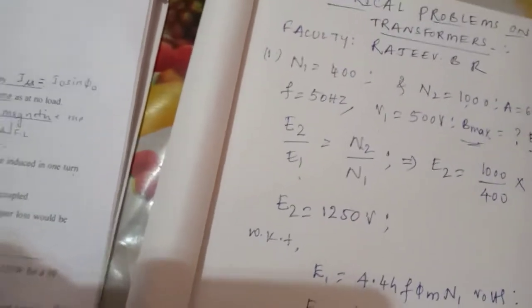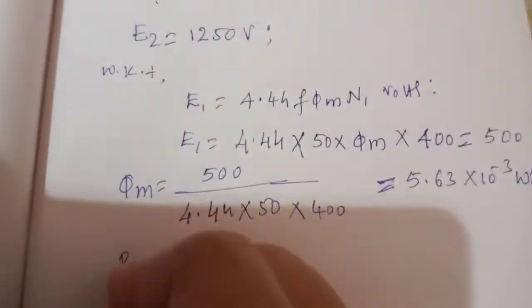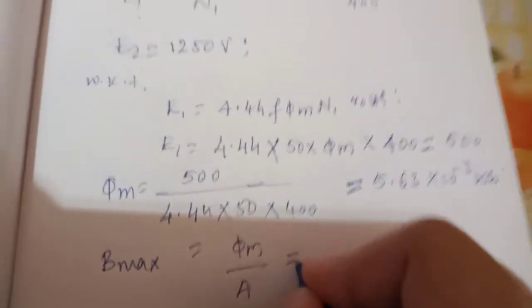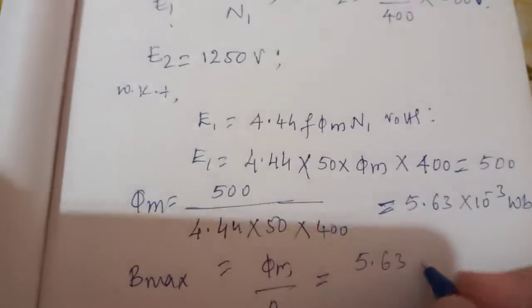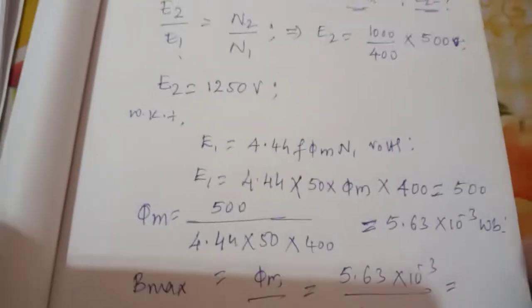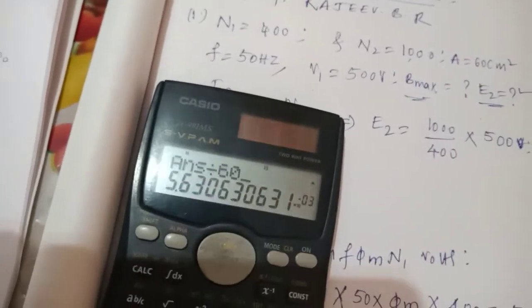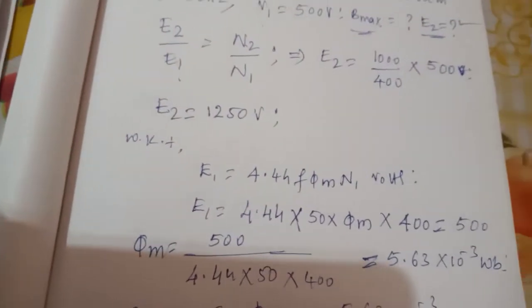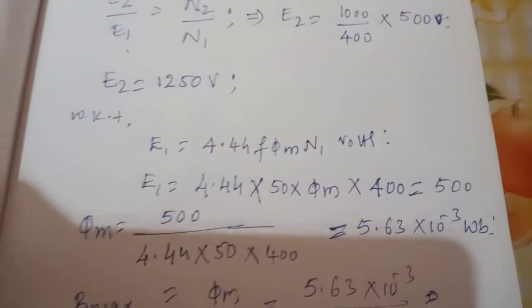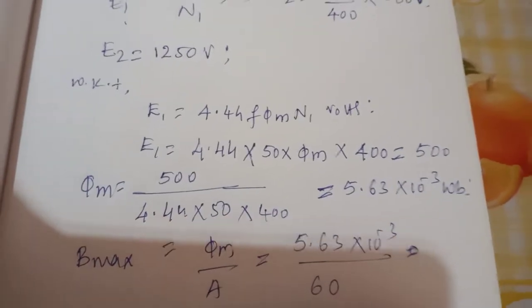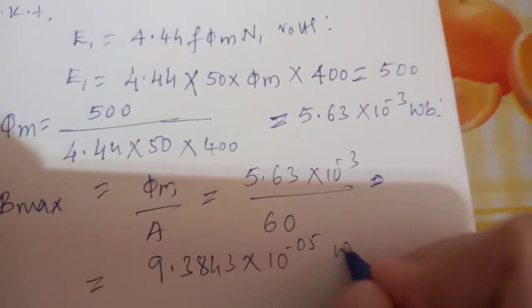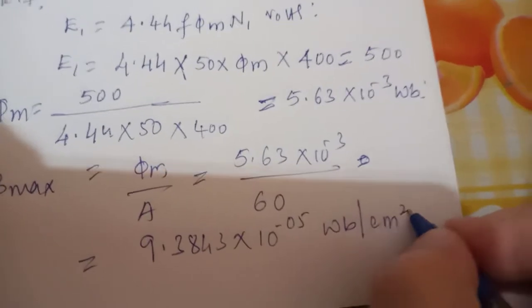Now what you have to calculate is B max, which is equal to phi max divided by area. Phi max is 5.63 into 10 to the power of minus 3, divided by 60, which gives 9.3843 into 10 to the power of minus 5 Weber per centimeter square.